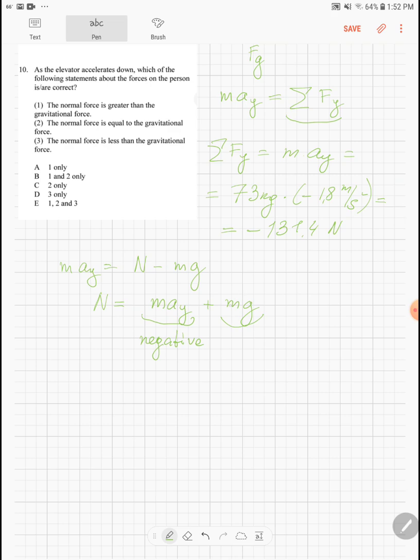So we take the gravitational force and we subtract this number, a negative number, to get the normal force. This is why the normal force is less than m times g, because this contribution is negative. And this is what we get: the normal force is less than the gravitational force.